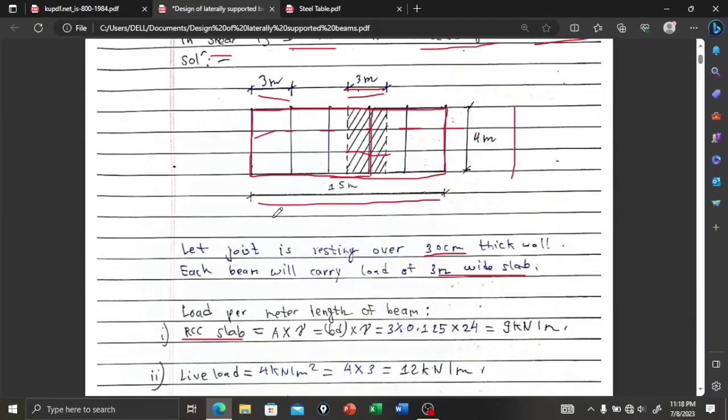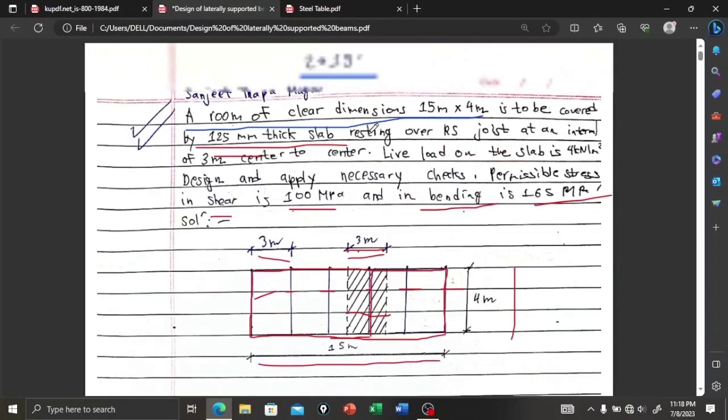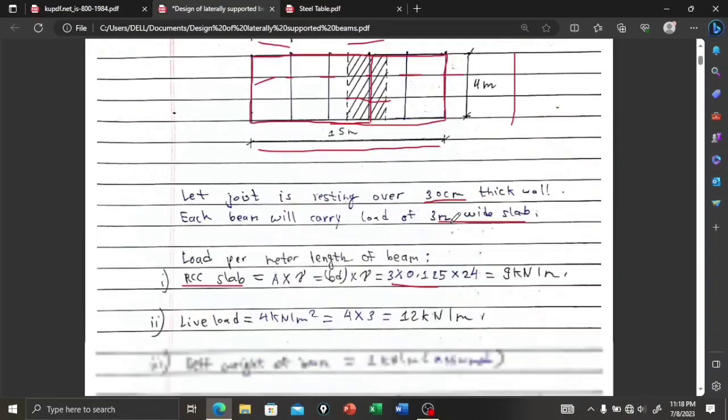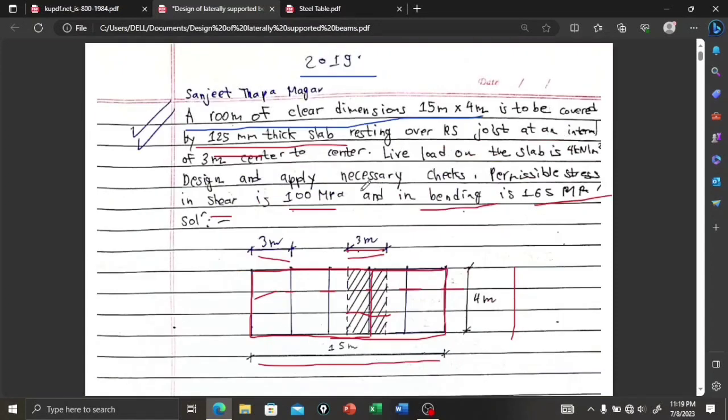So 125 divided by 1000 is 0.125 meter, and unit weight of the slab is 24. So 3 into 0.125 into 24 is 9 kilonewton per meter.